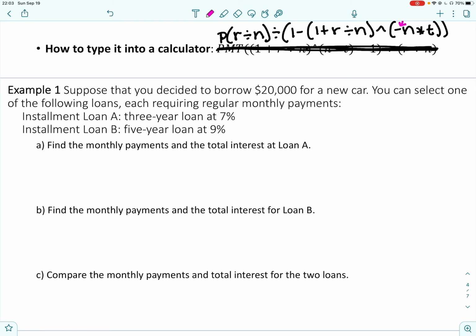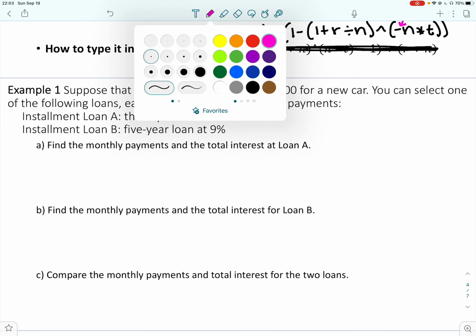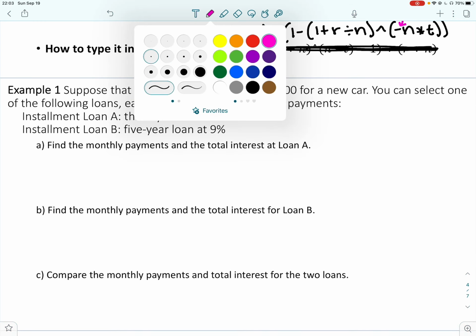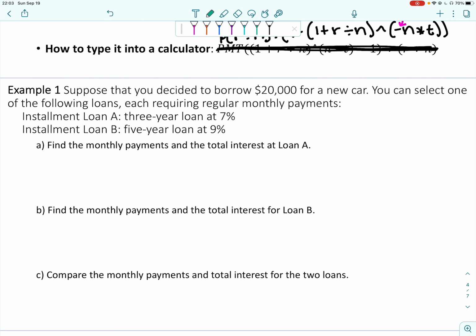Okay, we are borrowing $20,000. So loan A is a 3-year loan at 7%.